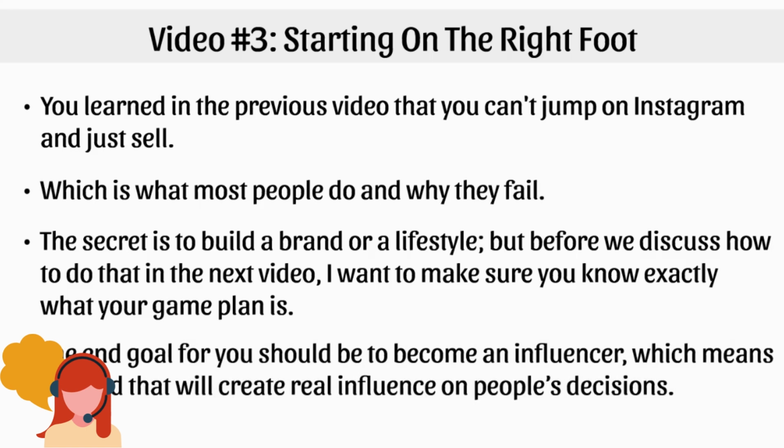So the end goal for you should be to become an influencer, which means a brand that will have real influence on people's decisions. So you can influence people by the pictures that you post, basically. And people are waiting for that kind of stuff. They want ideas, they want inspiration, they want quotes.